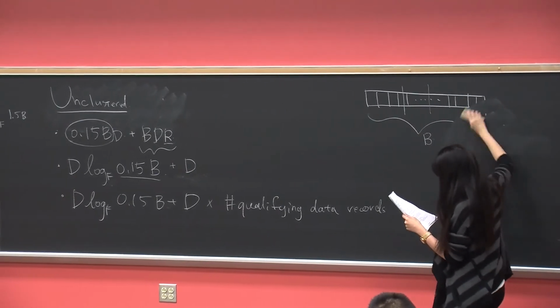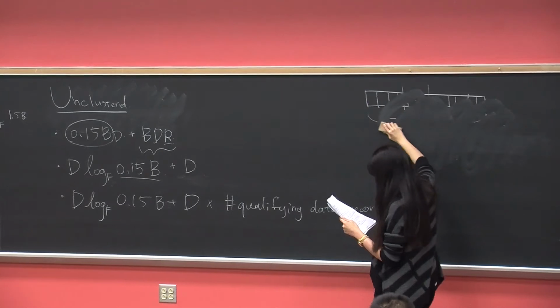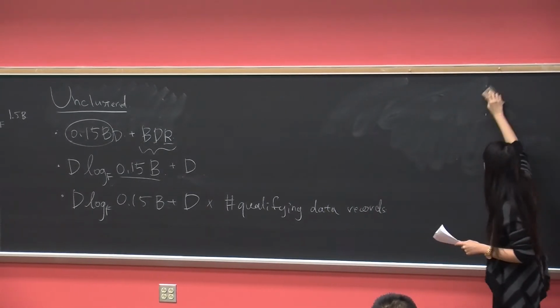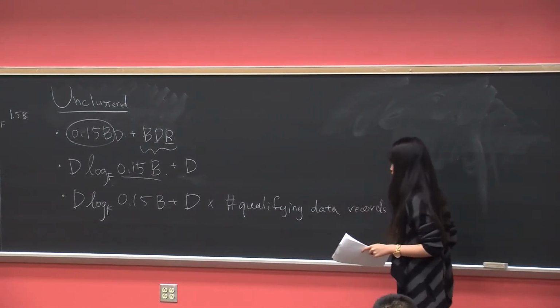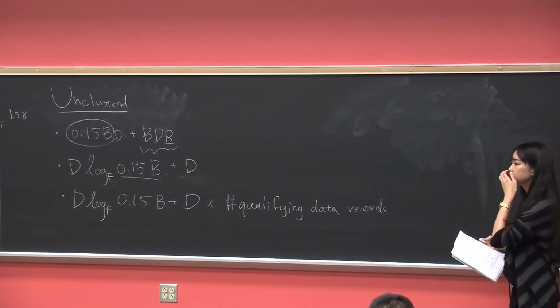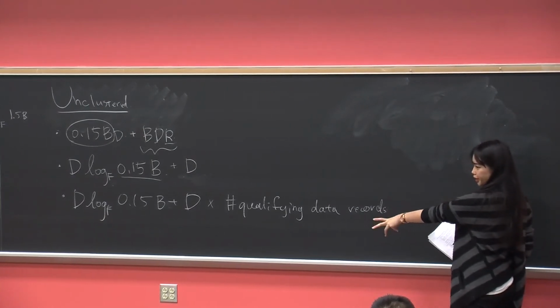Okay. How about range search? Range select. What do you think the cost for range select will be in unclustered? Do you think it will be the same as matching multiple records or different?